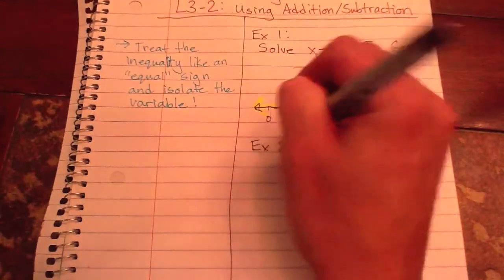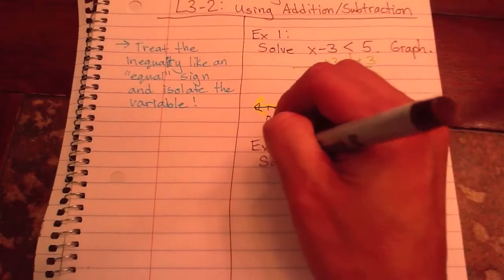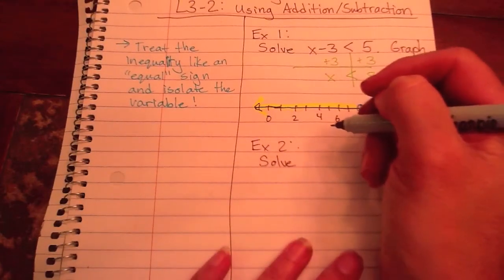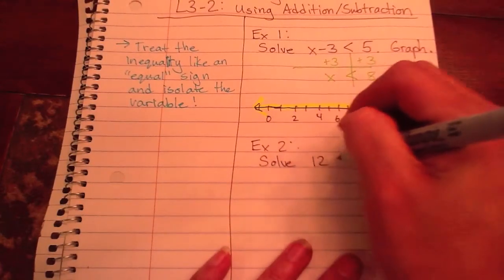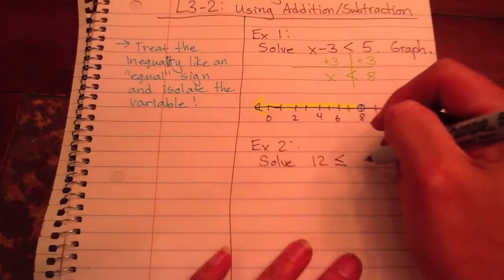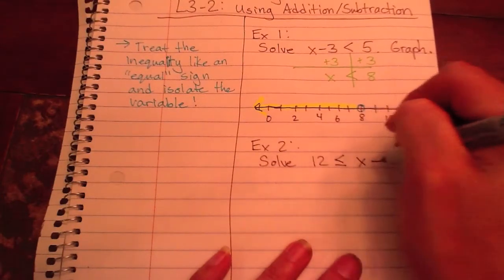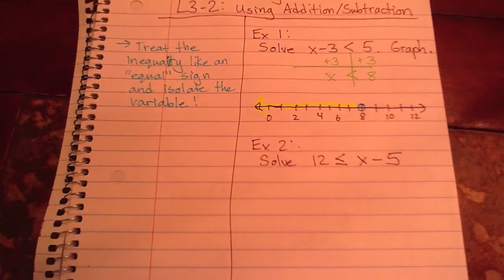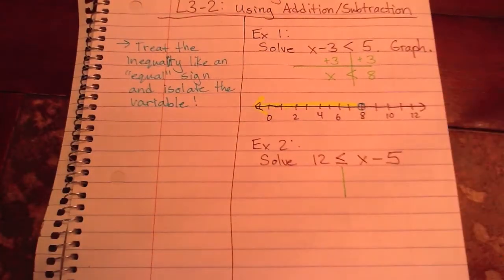Example 2. Solve 12 is less than or equal to x minus 5. So again, just because the variable moved, you don't have to worry about that. Do exactly what you did. Just draw your line out of your inequality like you would an equal sign.